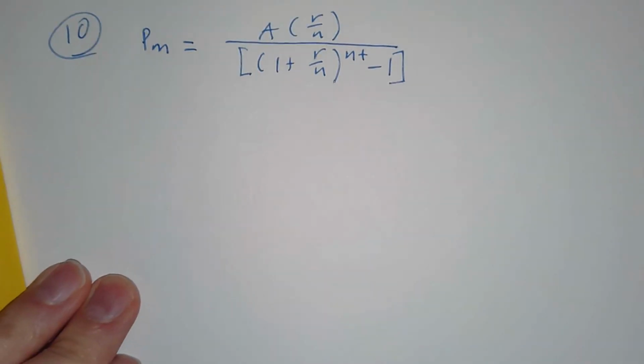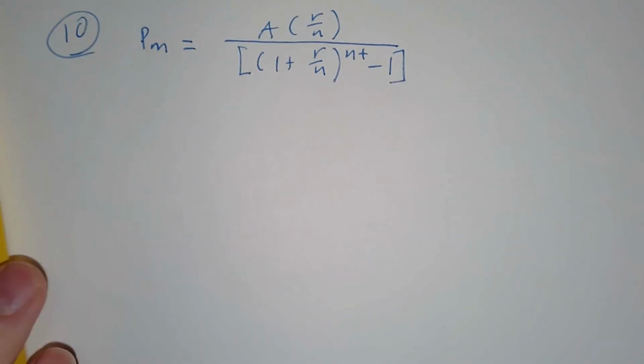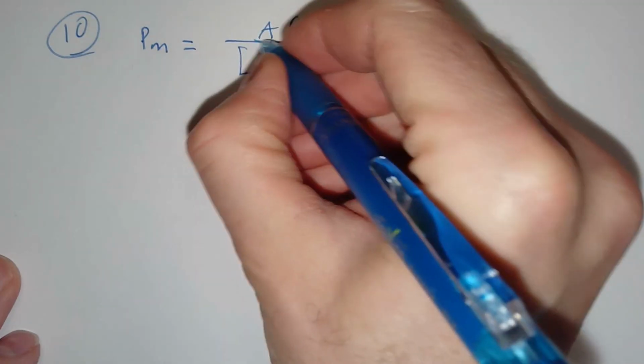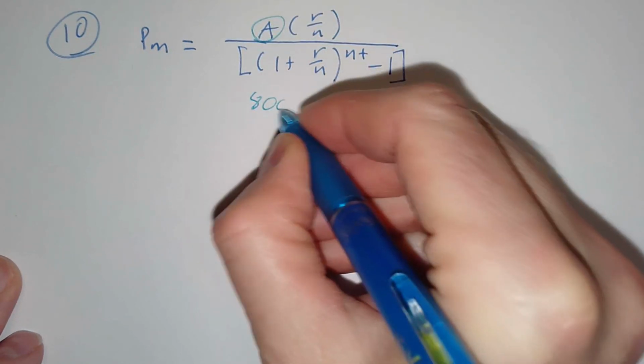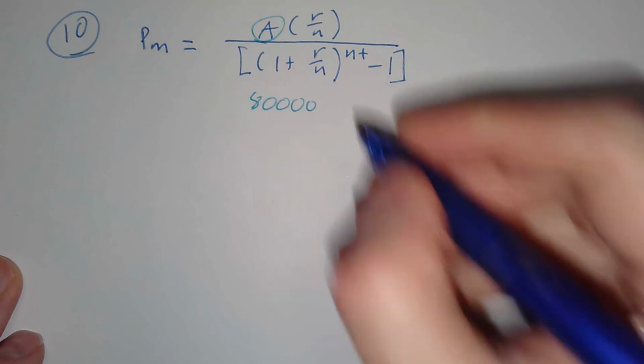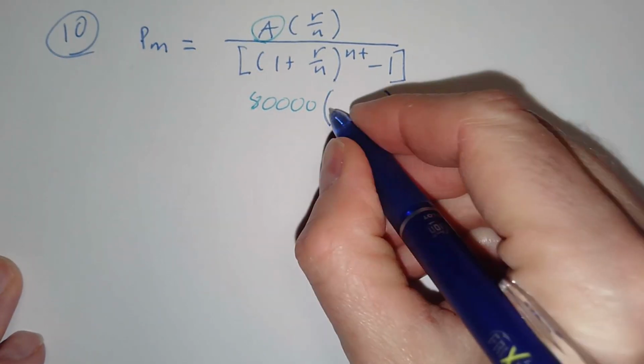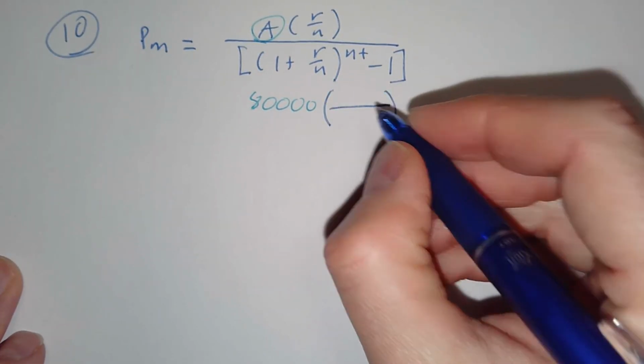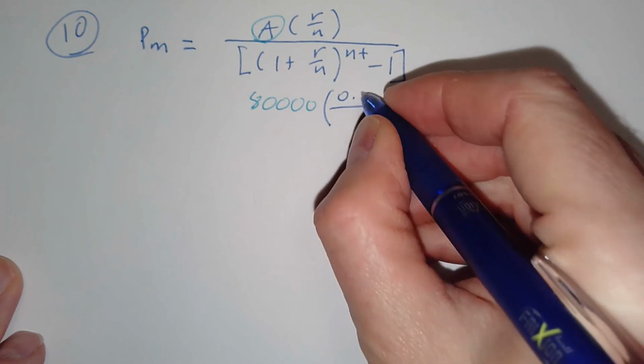So with this one, he's trying to accumulate $80,000, so that's our A value. Our interest rate here is 8.2%, so 0.082.